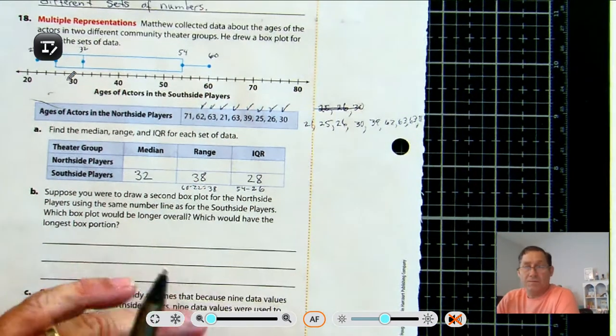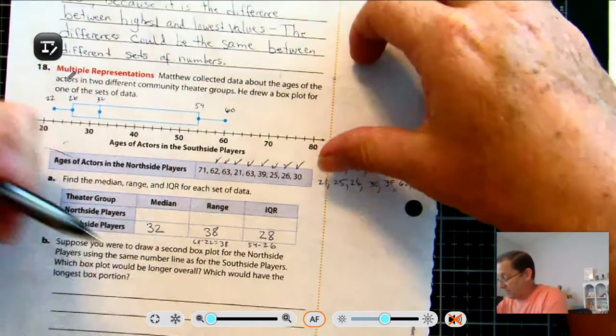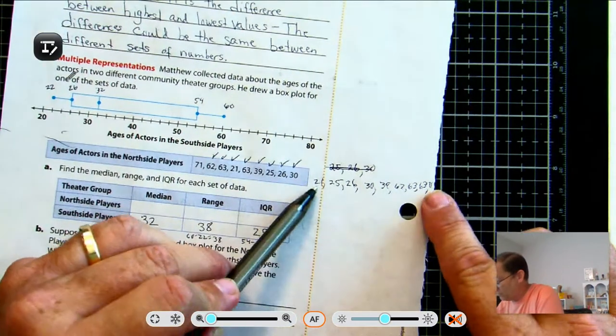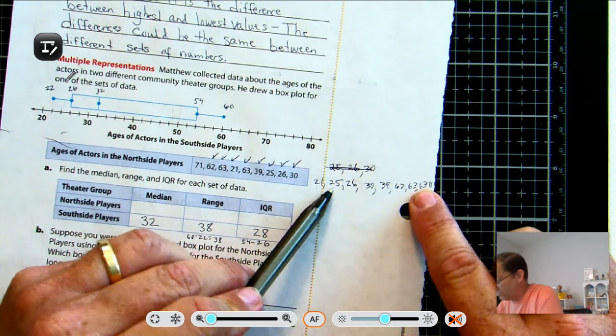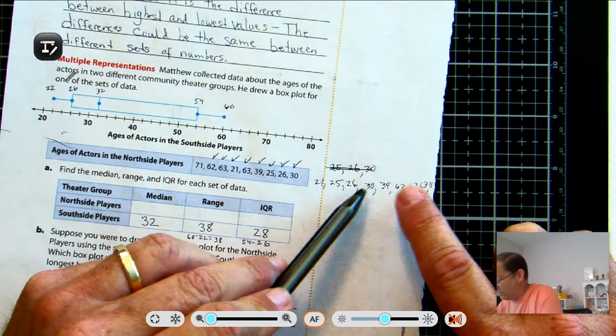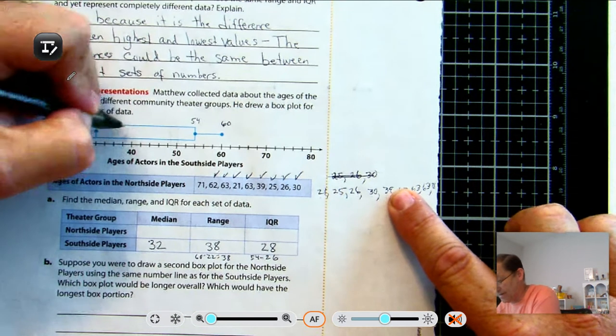So if I was going to plot this one, I would say the median is, cross off those 2, those 2, those 2, those 2. I would say the median is 39.